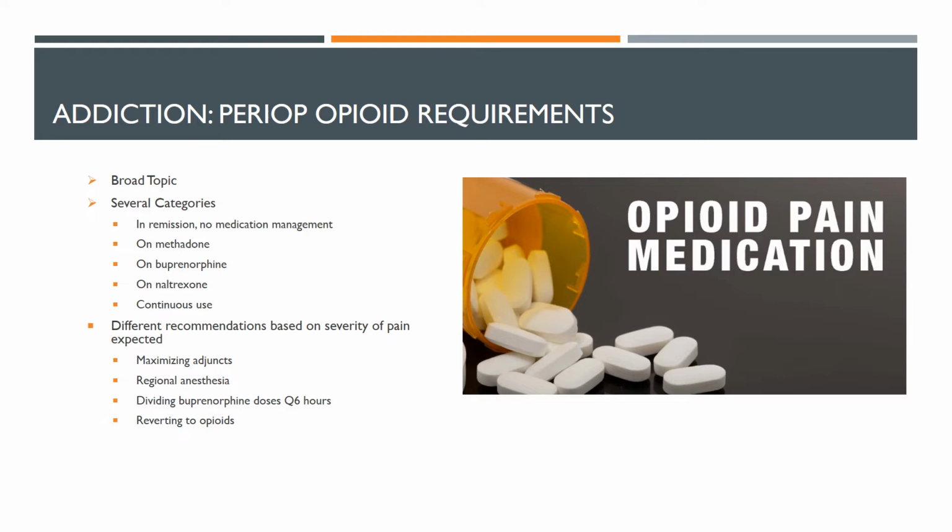We can also consider including the use of extended release or long-acting opioids for the short term. And then, of course, we can have these patients return to their usual buprenorphine prescriber to reinstitute the regular dosing schedule. Oftentimes in the perioperative period, reverting to opioids in general is required. We just have to be cognizant of dosing for those who are on these different therapies.